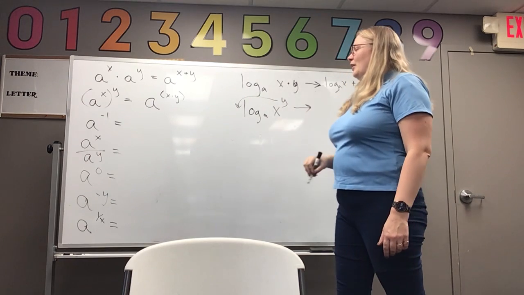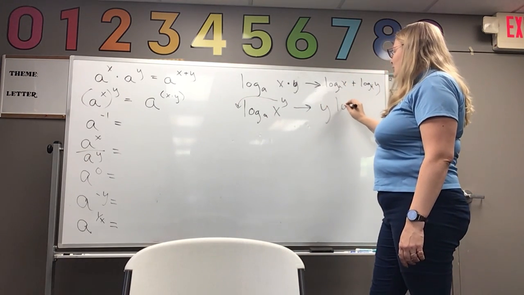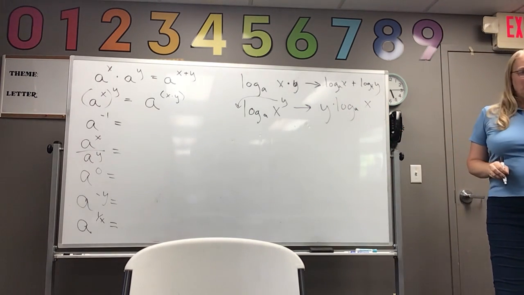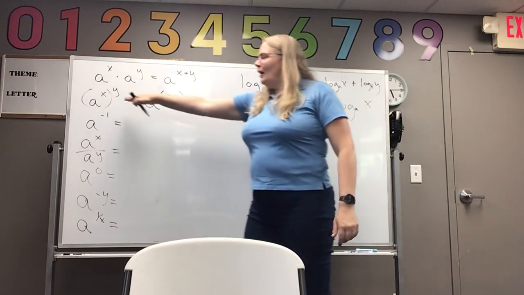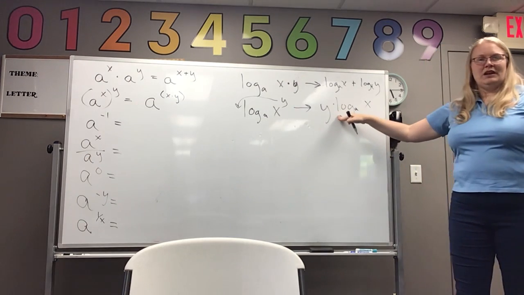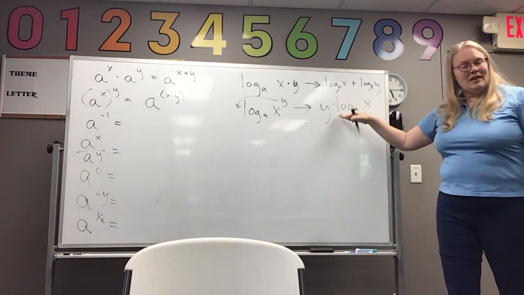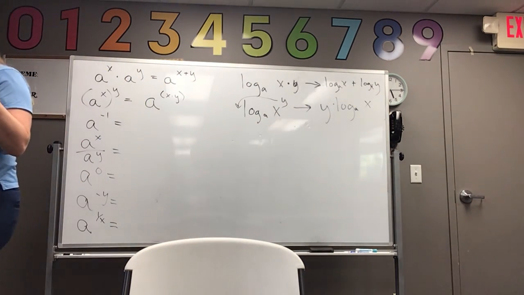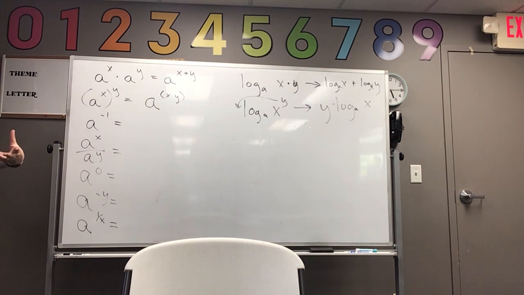This y just comes down in front, and we have y times the log base a of x. Exponent becomes multiplication. It's the same rule. But because logarithms get isolated into their own category when we learn it, it doesn't connect as much. And so I want you to feel that connection so you don't feel like I'm having to memorize something new. I'm using what I already know in a different situation.